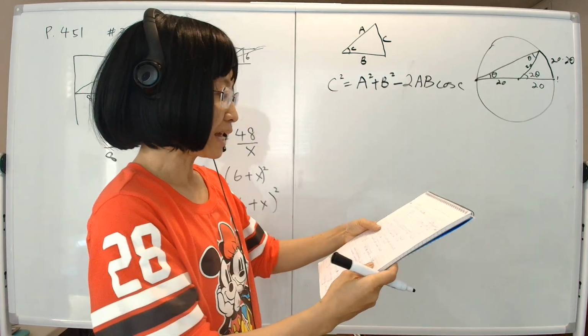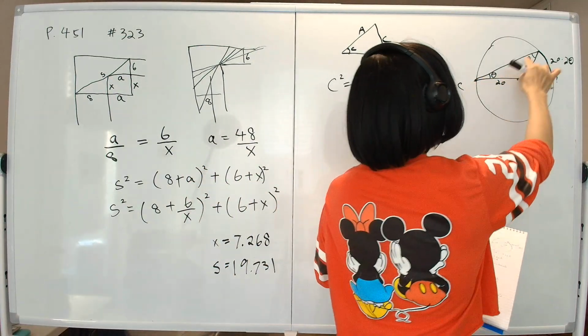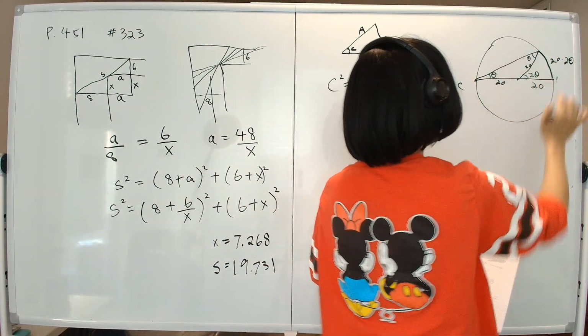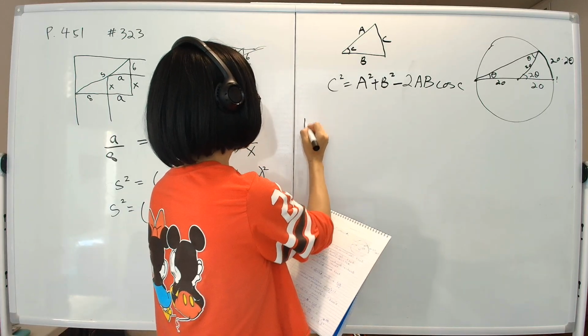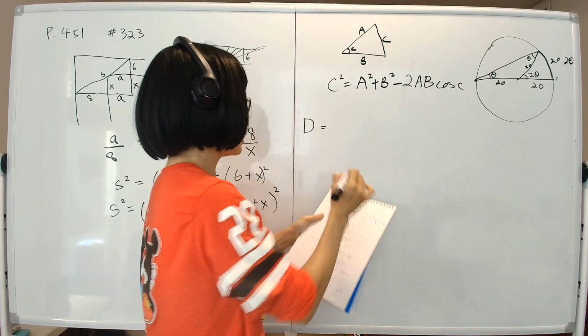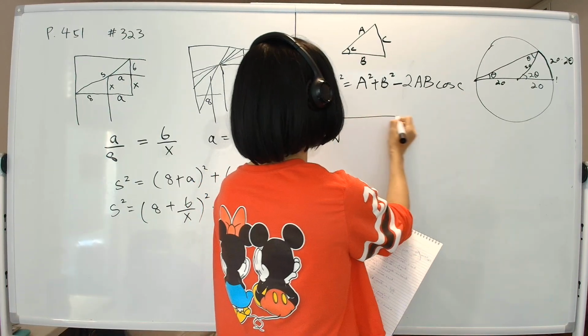So to plug that in, the distance that the lifeguard has to swim, he has to swim up here and then down here. So we add up these two sides. So the distance, I'll call it D for distance, equals the square root of that thing. Let's plug it all in because that's c squared.